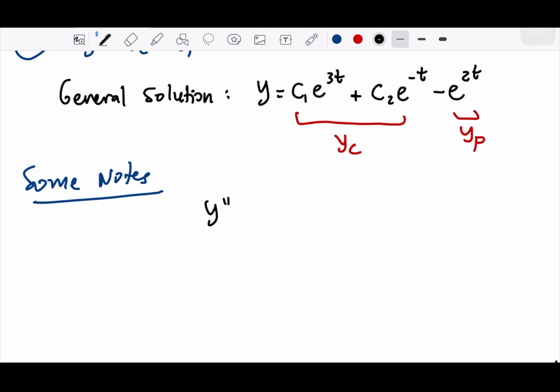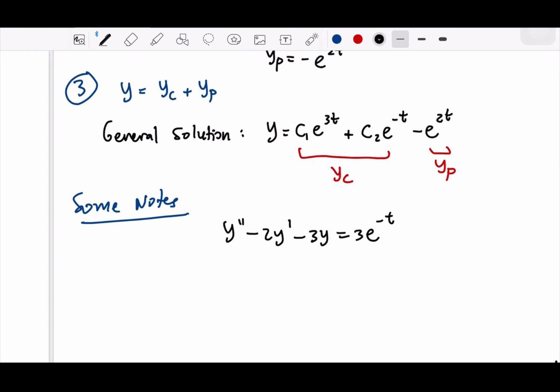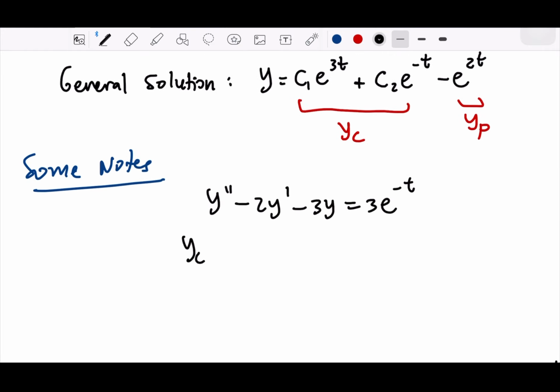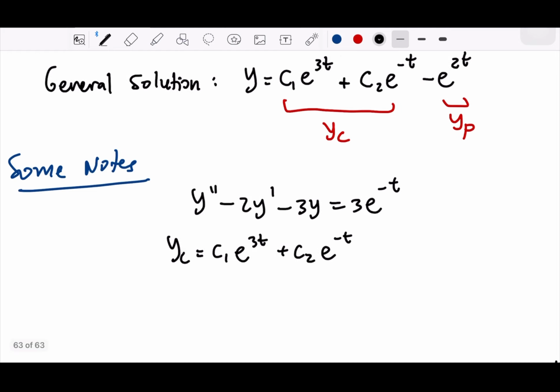Let's say we have this one. Now I changed the question a little bit. So the homogeneous part is still the same, so the yc is still the same, the same equation on the left for homogeneous. But if we look here, we said that our yp would be something like this, but it's also in our homogeneous solution.